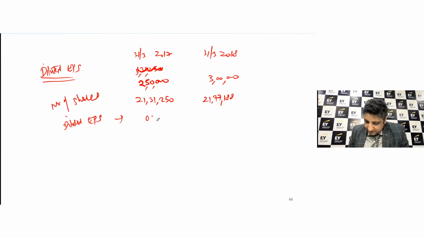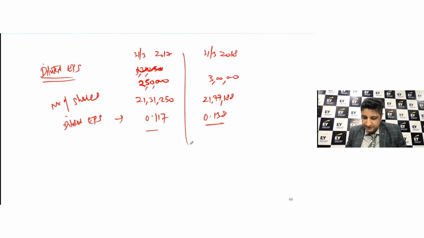That gives us 0.117, and then we have 3 lakh divided by 21,77,188. That gives us 0.138. That's how you are able to do the calculations and get the answer around these two calculations of basic EPS as well as the diluted EPS.